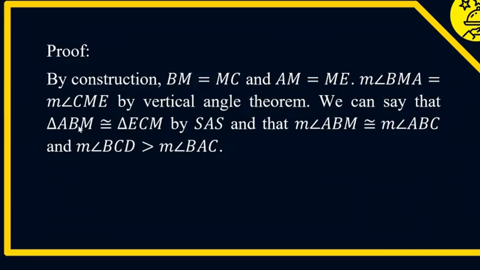We can say that the triangle ABM is congruent to triangle ACM, and it is used by the SAS inequality. And that will be, we have the measure of the angle ABM is congruent to the measure of angle ABC, and the measure of angle BCD is greater than the measure of BAC.